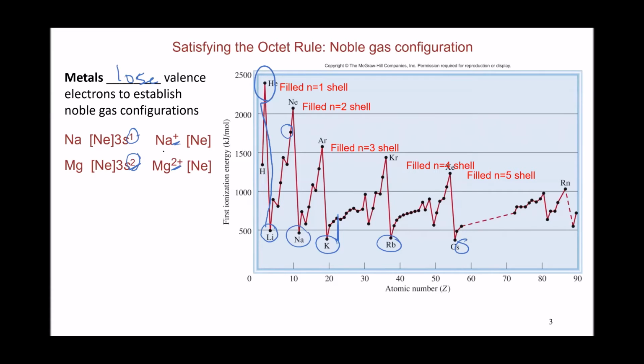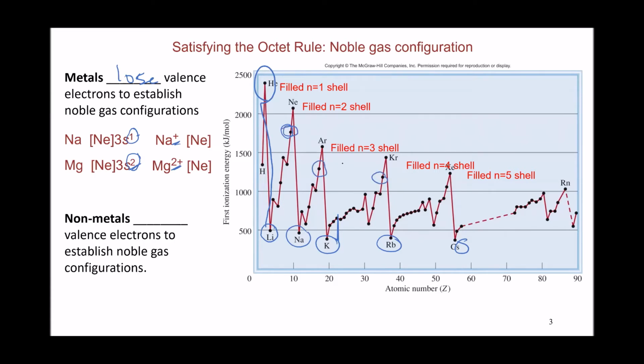On the other hand, non-metals, right here, will prefer to gain electrons. It's way closer to the next noble gas. So once it gains 1, 2, or 3 electrons, it will retain the stability of the next noble gas configuration. And it's easier for it to gain because it has higher electron affinity, as we learned in the previous slides.